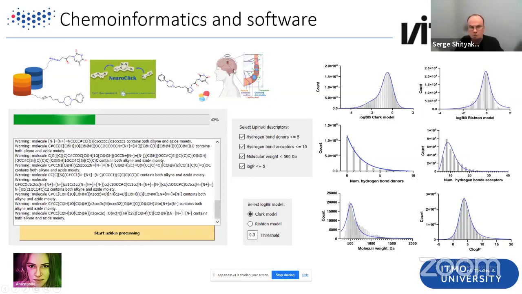And as an output, you have different substances coming out of the click reaction, with different numbers of hydrogen bond donors and acceptors, molecular weights, and also different logP in terms of hydrophilicity and hydrophobicity. And of course, the most important thing, they can be analyzed as logBB, which is the main parameter to predict the permeation through the blood-brain barrier.